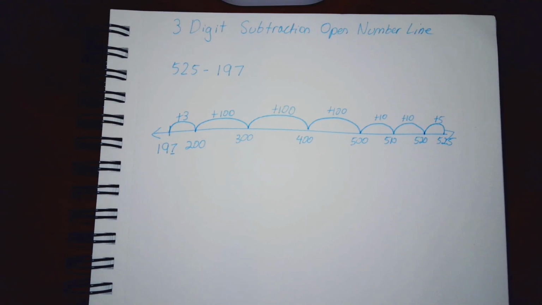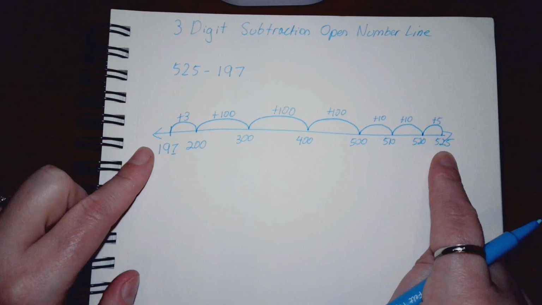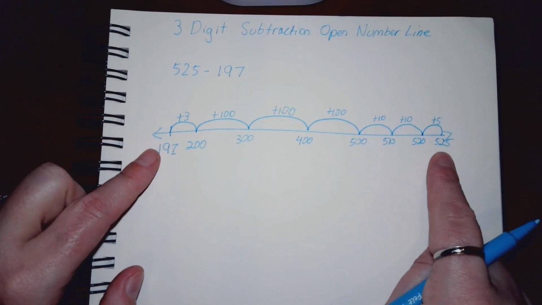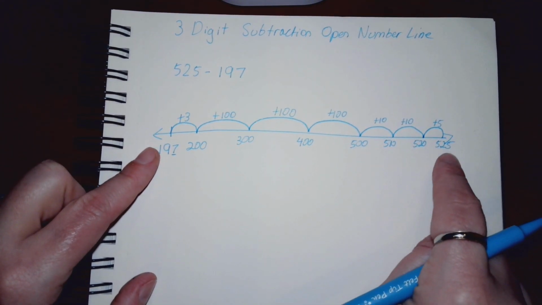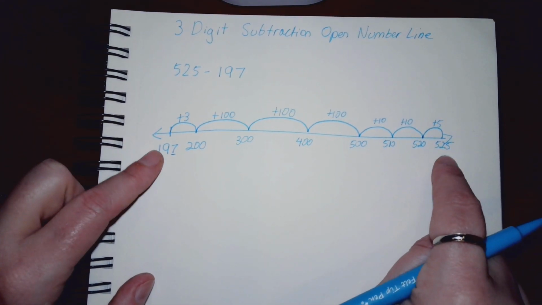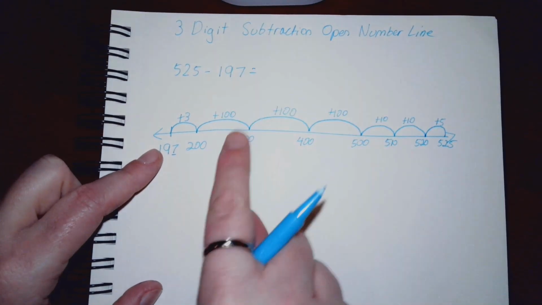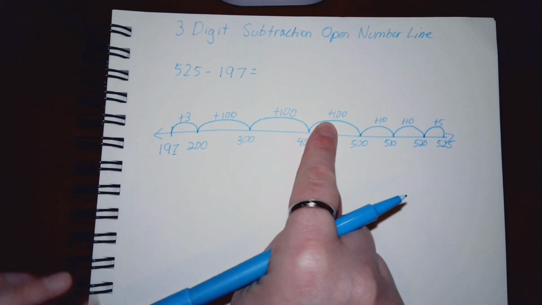Now I need to figure out how many hops it took me to get from 197 to 525. Remember, subtraction is the distance between the two numbers. So we need to know the hops we did in order to figure out the distance between the two numbers. I'm going to start off with my hundreds. I have 100, 200, 300.